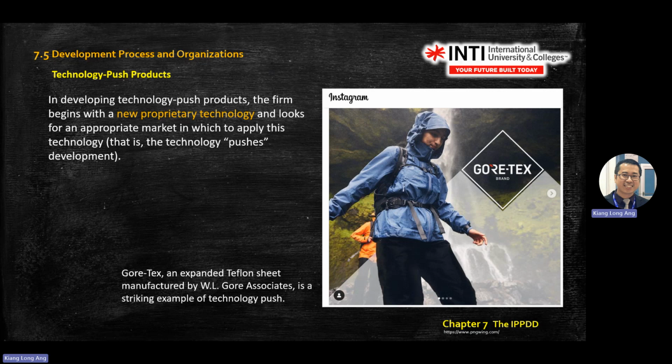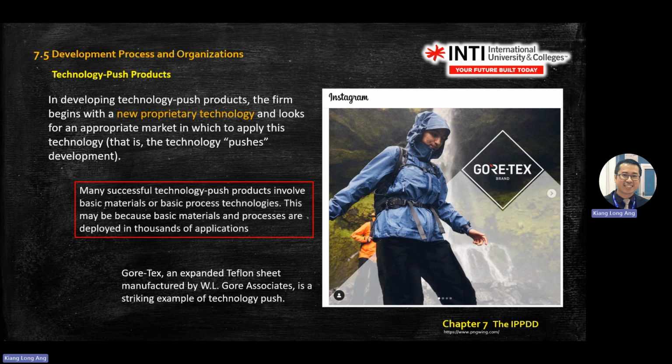So this is an example of technology push, where the company is able to evolve their products using the technologies. They're able to make the Teflon technologies into a lot of products. Okay.